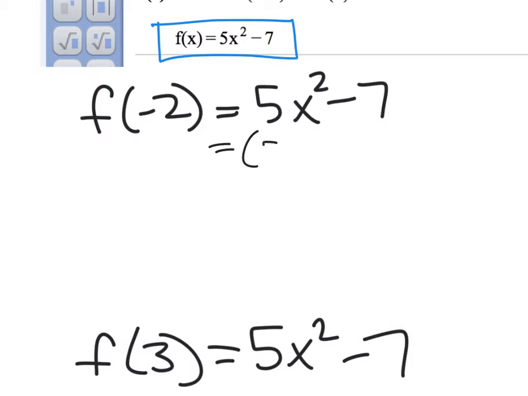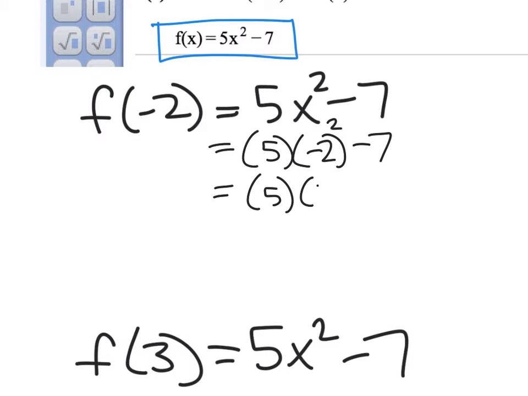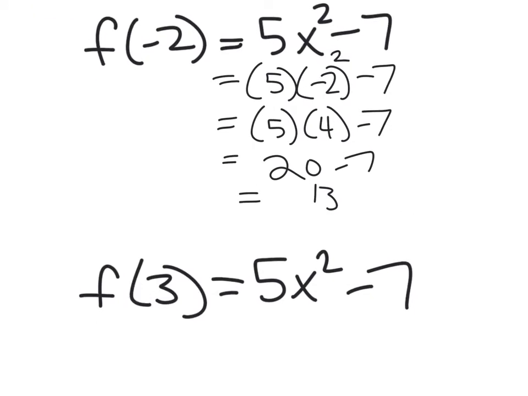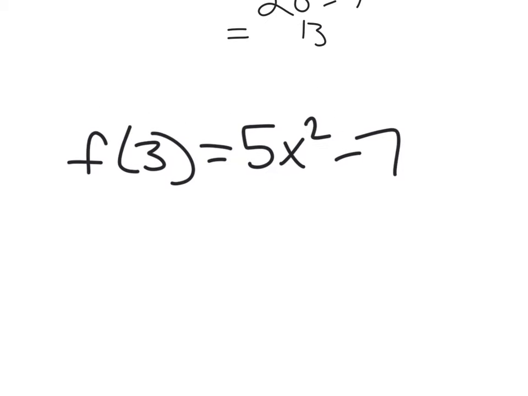So you get 5 times -2 squared minus 7. So that becomes 5 times 4 minus 7, which becomes 20 minus 7, which is 13. So when f of -2, when x is -2, y is equal to 13. And then we're going to do the same thing with f of 3.